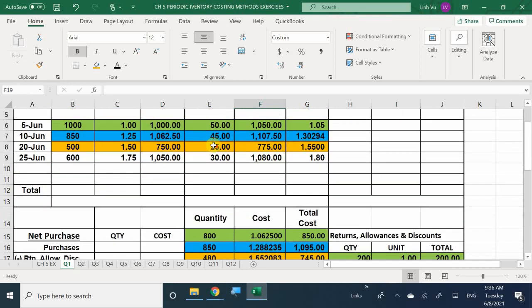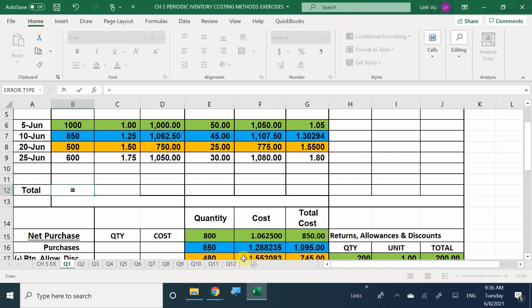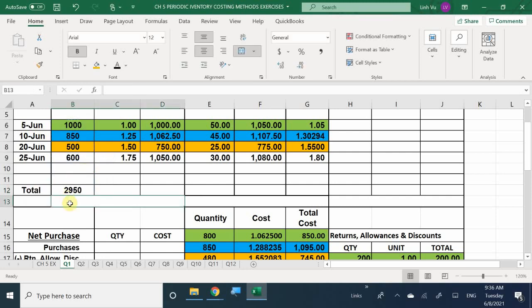So now let's go ahead and total up our sums. Let's start with the very top part. Let's total up our total net purchases, so equal sum here. How many items did I originally purchase in grand total? 2,950. Good. What was my original purchase price? 3,862.50.